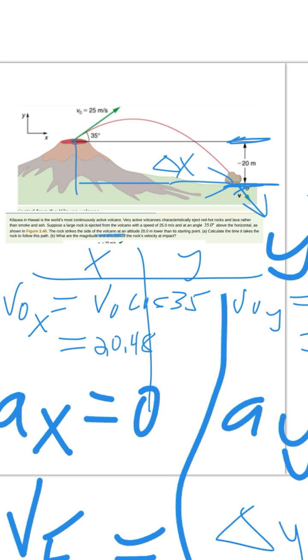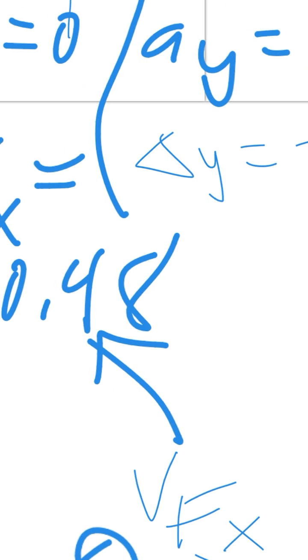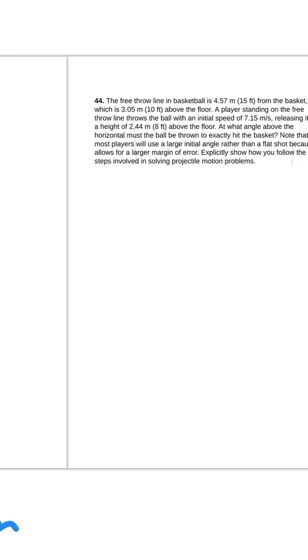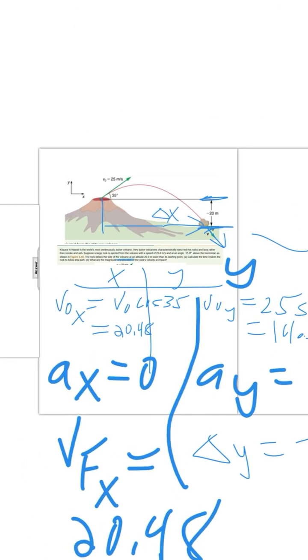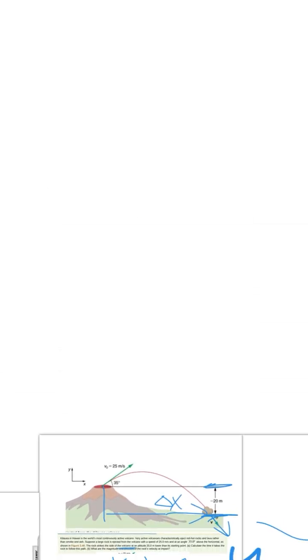So let's just do that. You cannot use the range equation, that shortcut range equation that I gave you before. So let's try to find delta x right now. Up here would be better. So let's find the time first.